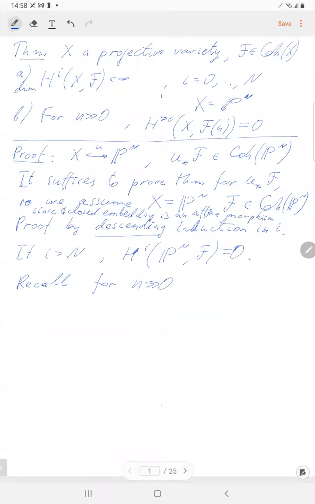Okay, so now let's get back. I was saying that for a very positive twist, the twisted sheaf F(n) is generated by its global sections. So we have a morphism from some finite dimensional vector space.